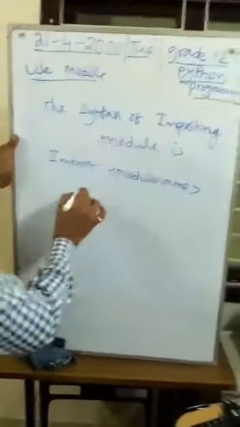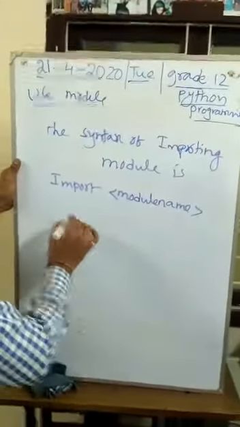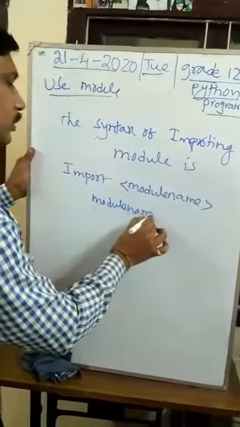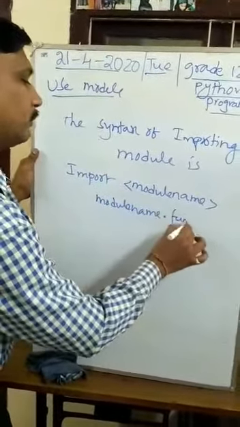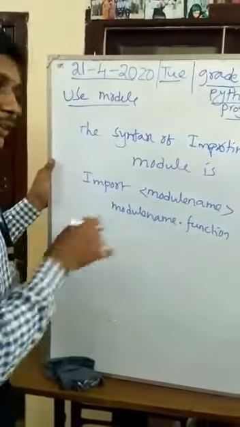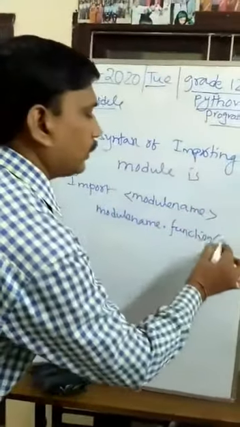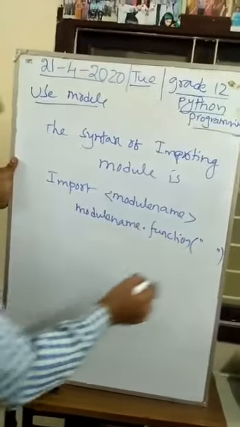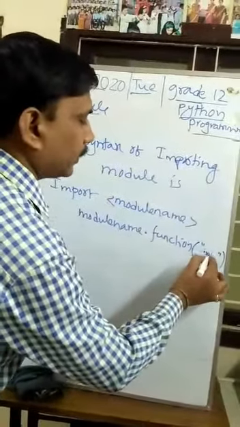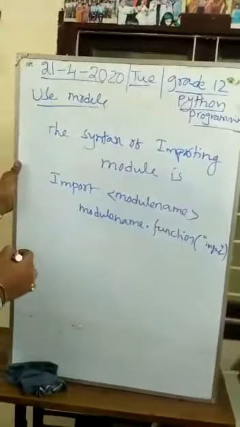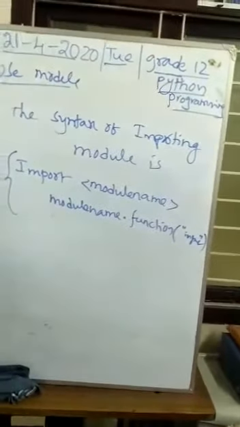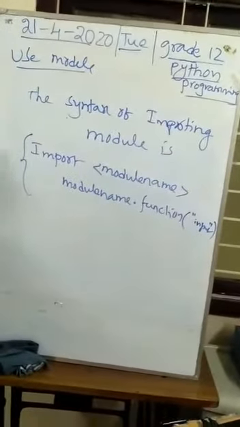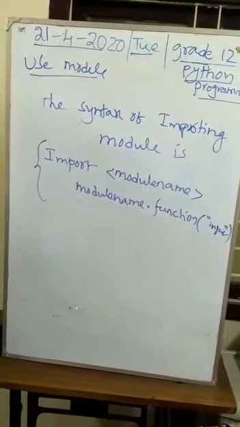Then you write module name dot function name or variable name, if any input is there, you write input here. So this is the original syntax of importing a module in Python programming.